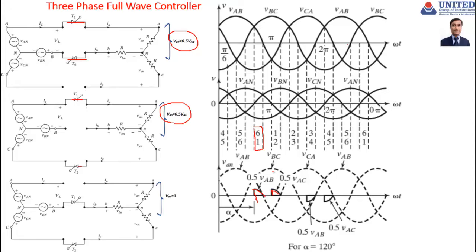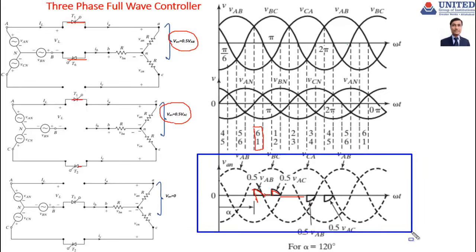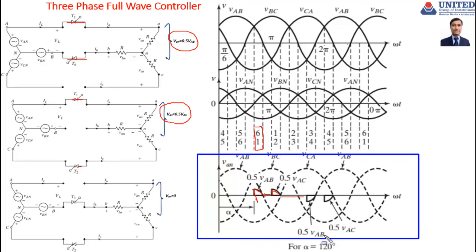Here it is also noticed that when no SCRs are conducting, we get 0 voltage. So this is the output voltage waveform VAN for firing angle alpha equal to 120 degrees.